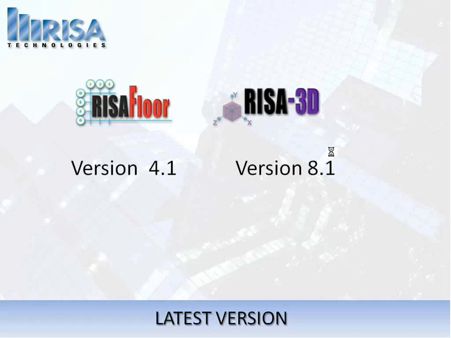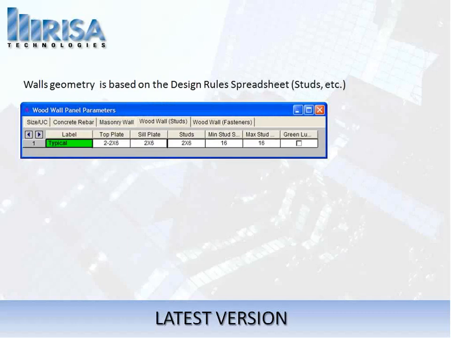It's been an evolution of this wall, so we'll see how that's affected some of the decisions we'll make in design and how things are laid out in the models, from when we had openings or when we did not have openings in those walls. RISAFloor will correspond to 4.1. Just to note also, the current versions of the programs are 8.1.3 and 4.1.3, which are just some minor patches along the way.